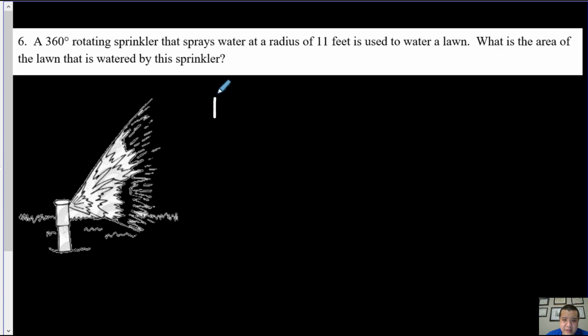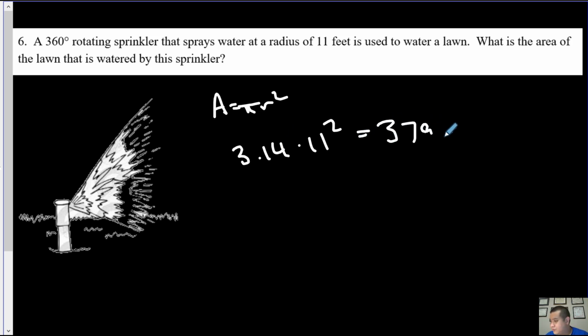So we got 3.14 times 11 squared is going to give us our area, and what we find that to be is 379.94 feet squared. Okay.